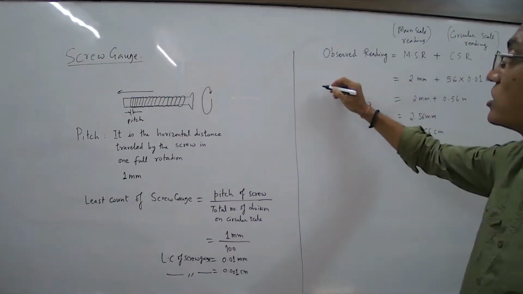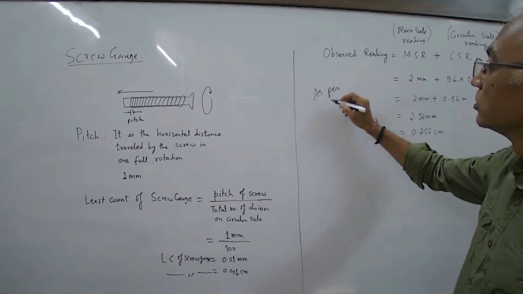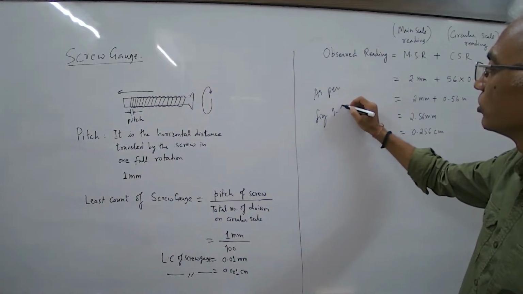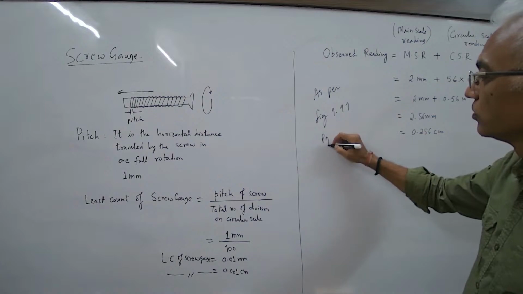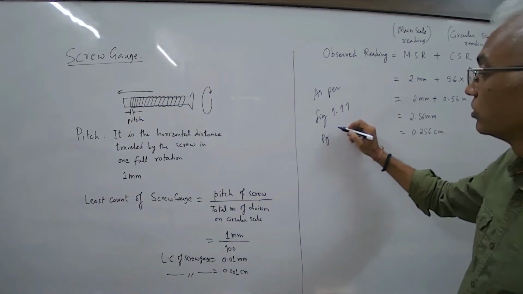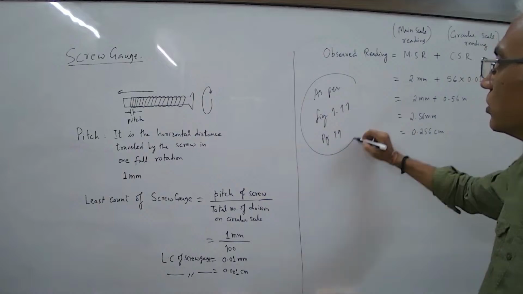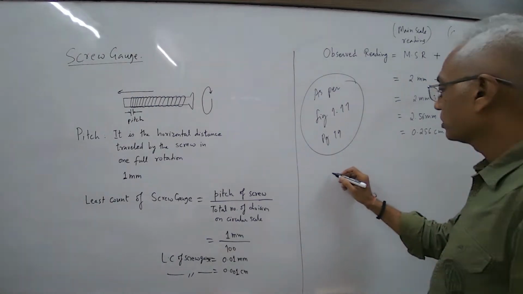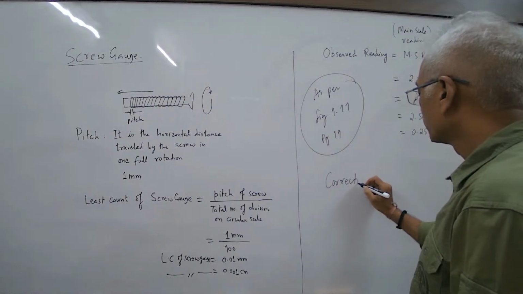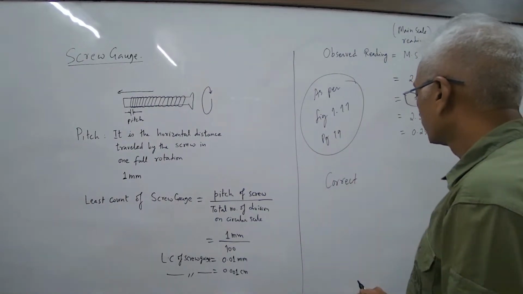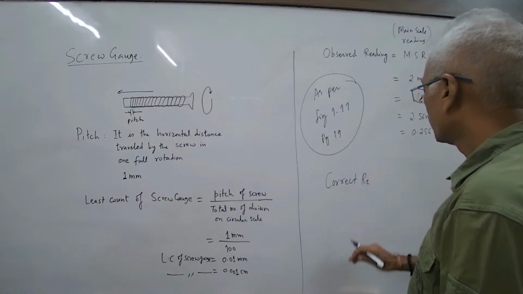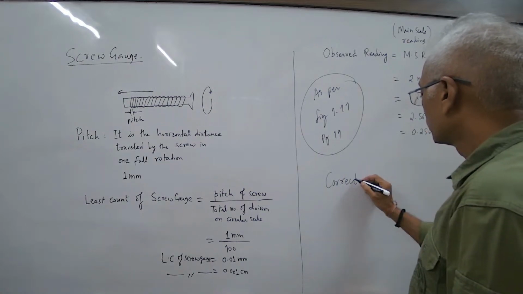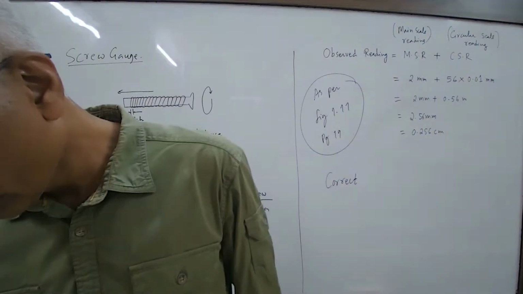लेकिन हमारा करेक्ट रीडिंग क्या होता है? दिस इज एज पर फिगर 1.11, और अब उसका पेज नंबर बोलो. 90. तो ऑब्जर्व रीडिंग कैसे लेते हैं स्क्रू गेज का समझ में आ गया, ठीक है। लेकिन अभी तक इसमें ये विदाउट जीरो एरर, अगर जीरो एरर होता तो करेक्ट रीडिंग क्या होगा? करेक्टेड रीडिंग है कि करेक्ट रीडिंग, क्या होता है?